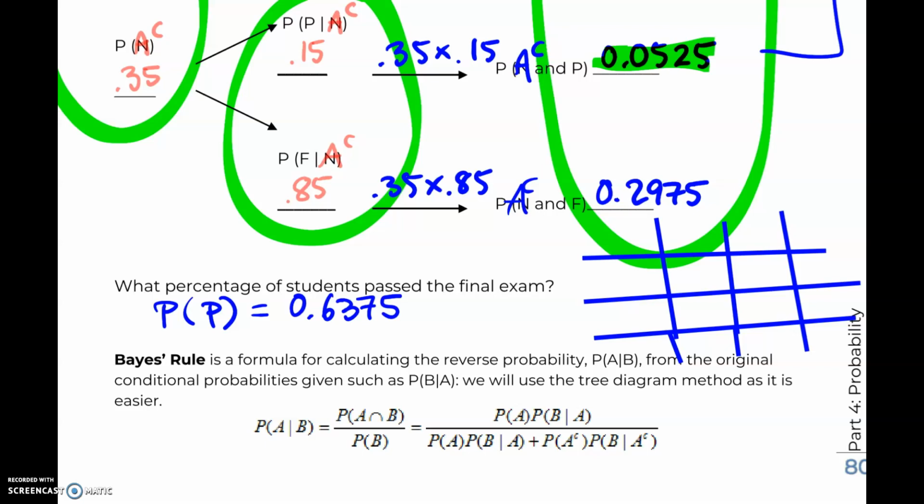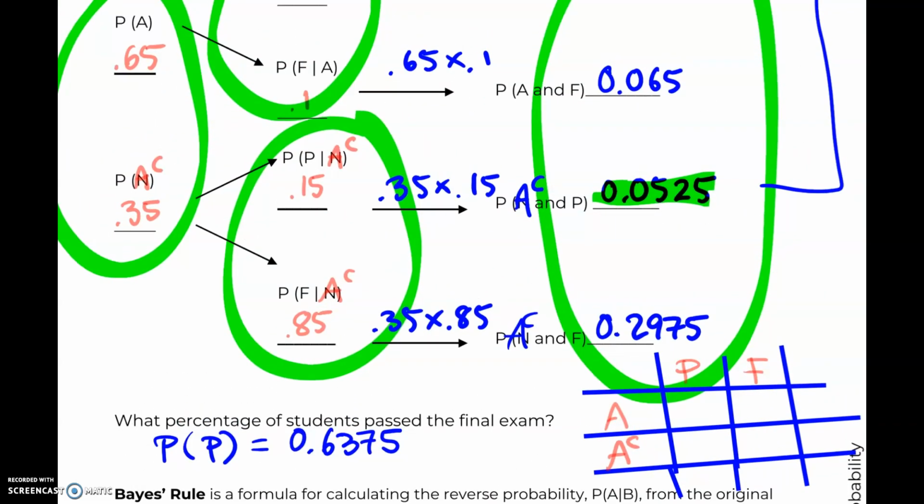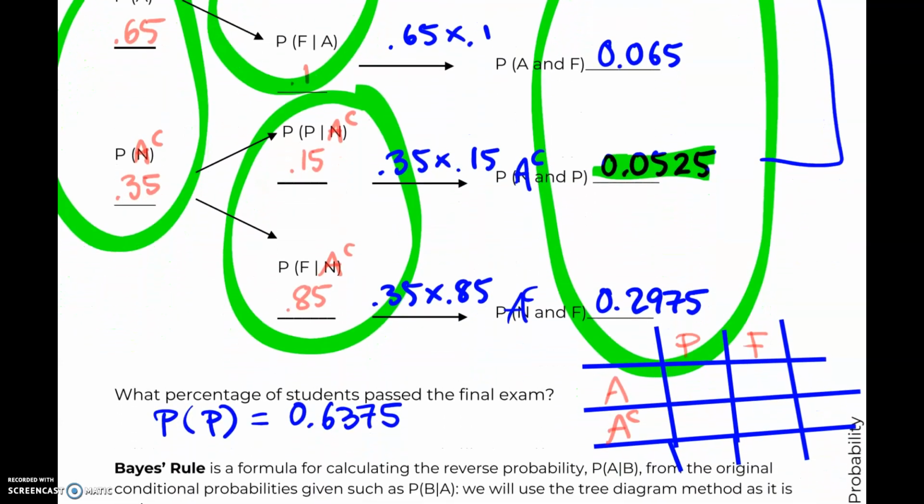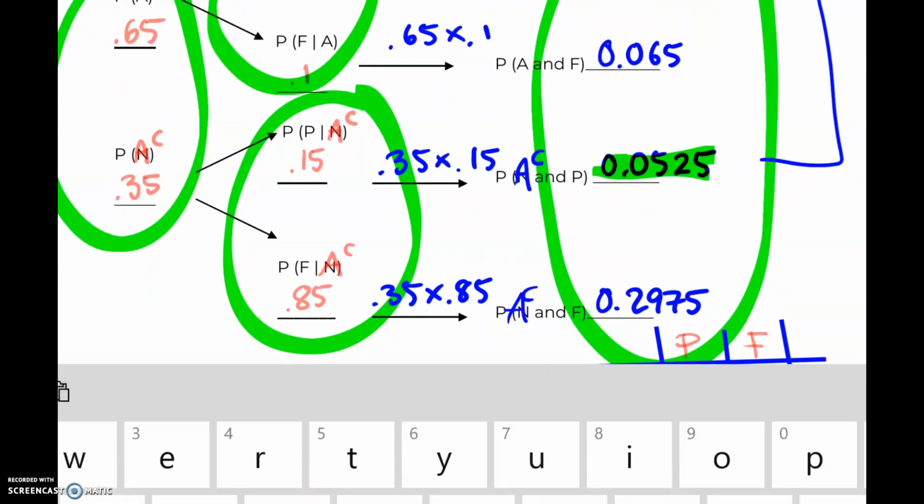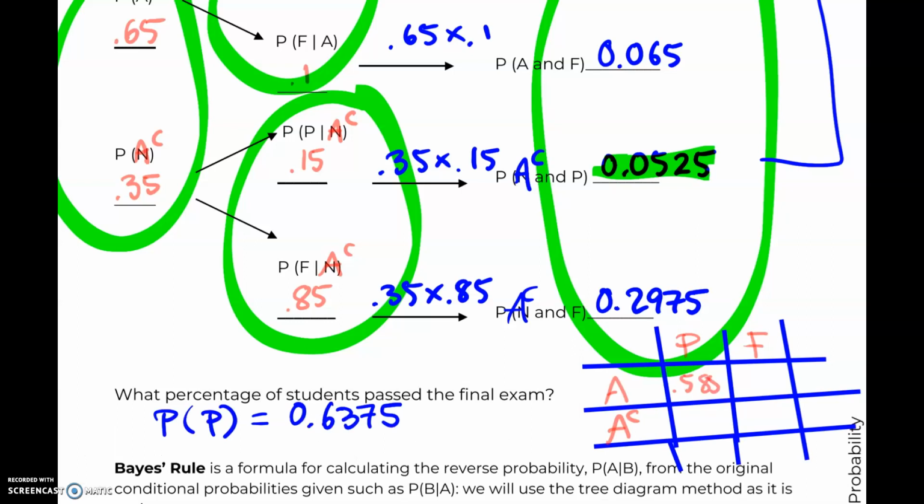So for example, we could put attend and not attend over here, and then we would put passing versus failing up here, and then we simply fill in all those probabilities. The probability of attending and passing was 0.585. The probability of attending and failing was 0.065. The probability of not attending and passing was 0.0525.